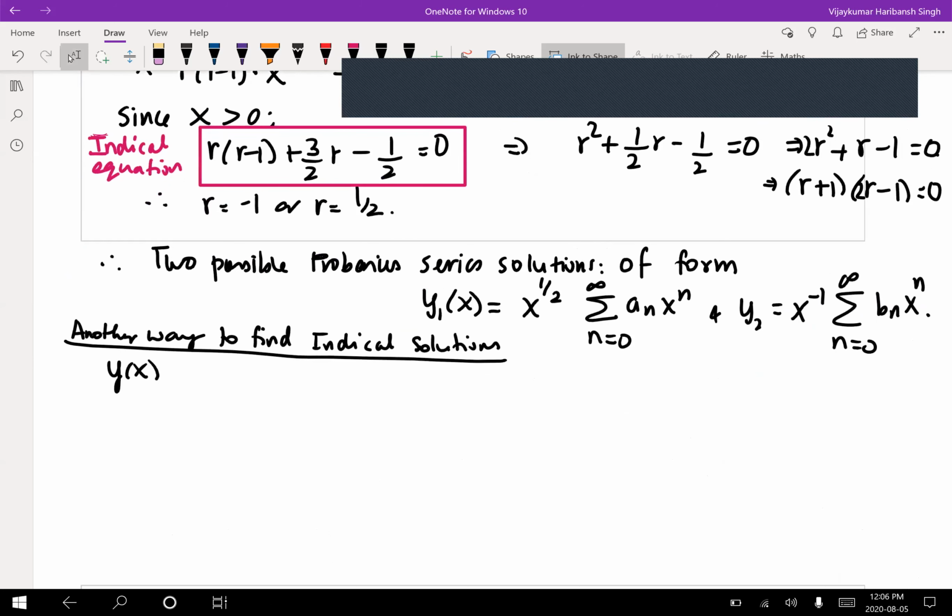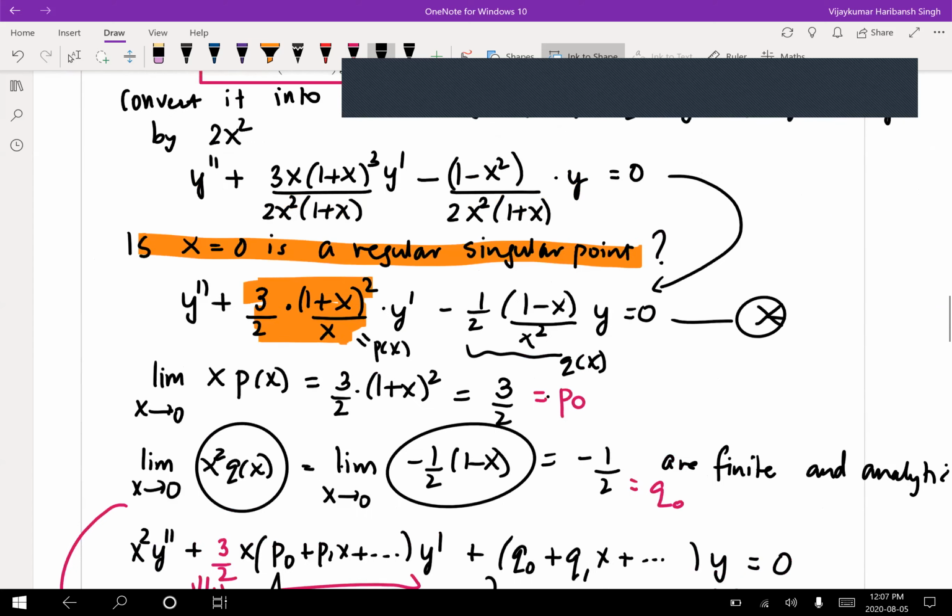So let's basically take y of x, which is summation n equals 0 to infinity a n x to the power r plus n, the Frobenius series solution, and substitute it in this equation here.